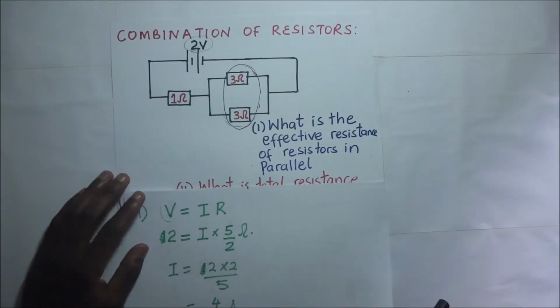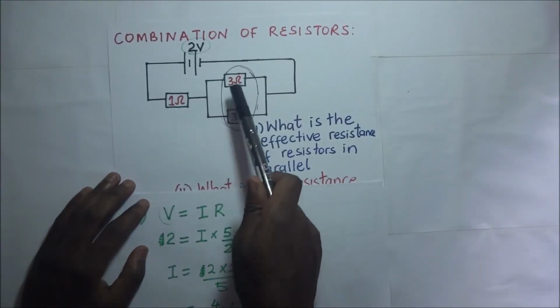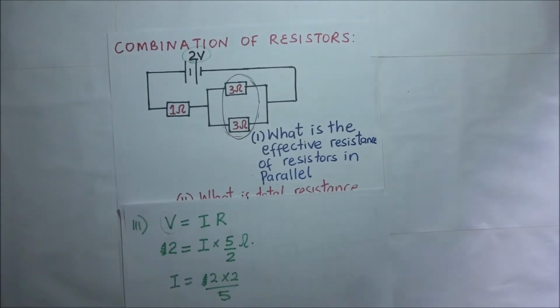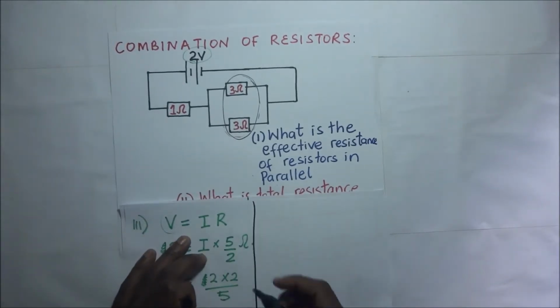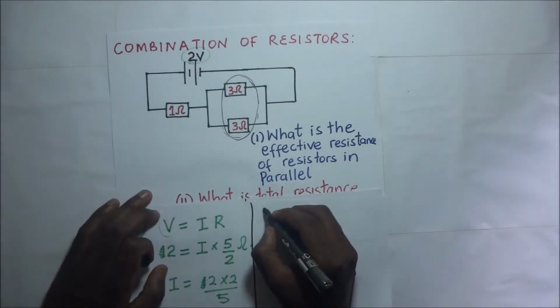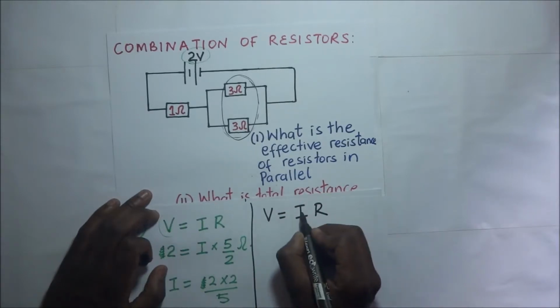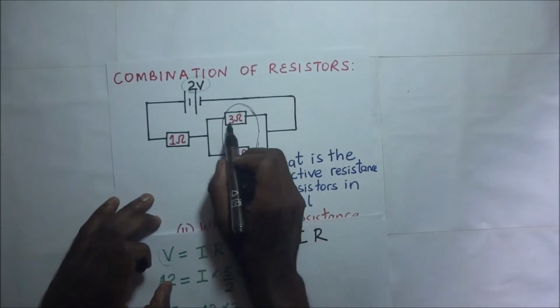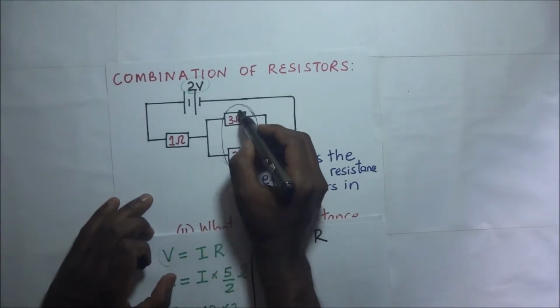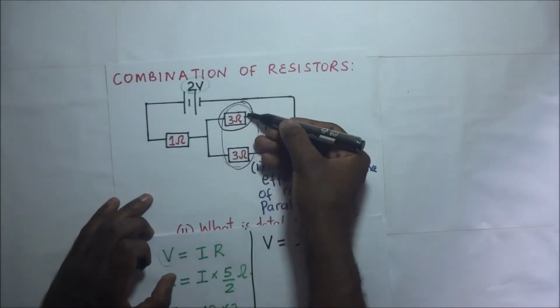Now in our last question, we are required to find the current flowing through the 3 ohm resistor. Now again, from Ohm's law, we know that V is going to be equal to I times R. We want the current flowing through the 3 ohm resistor. Now this is the 3 ohm resistor. We can either pick on this one or that one.